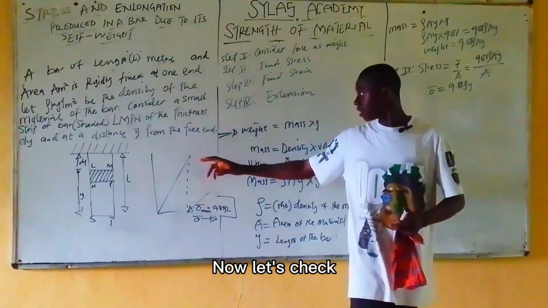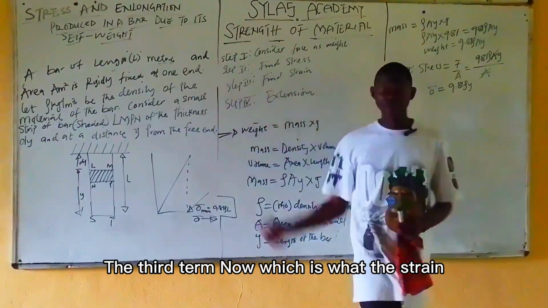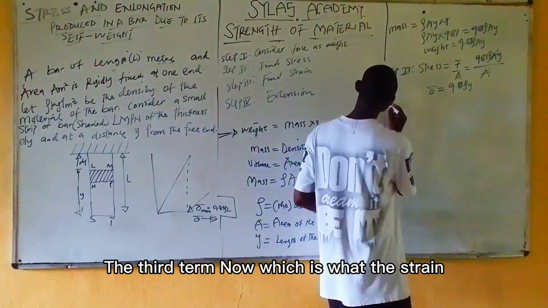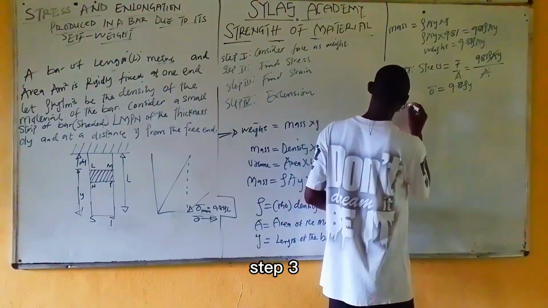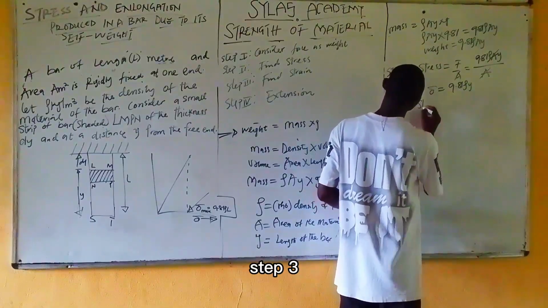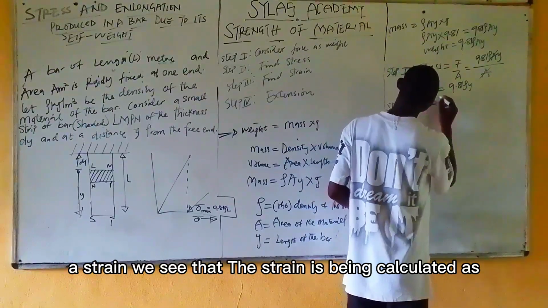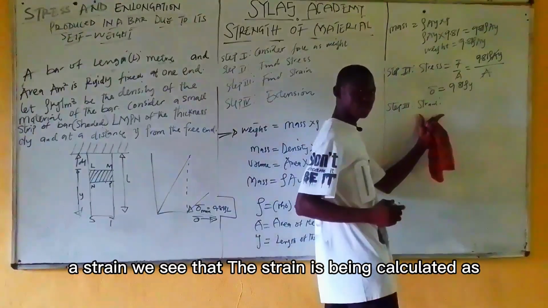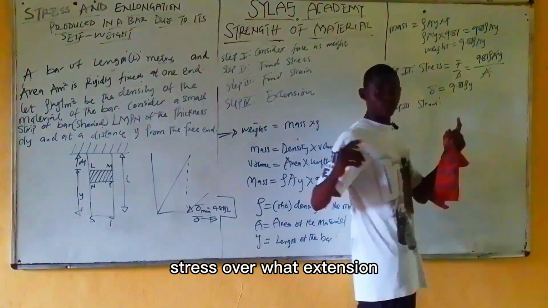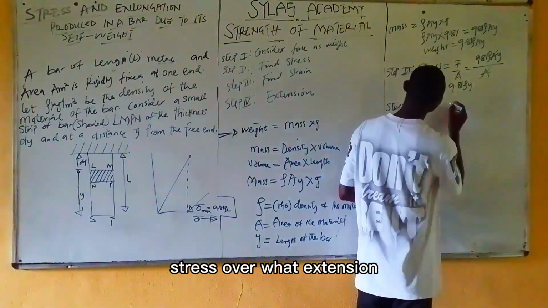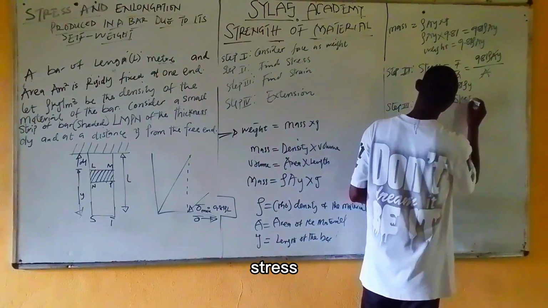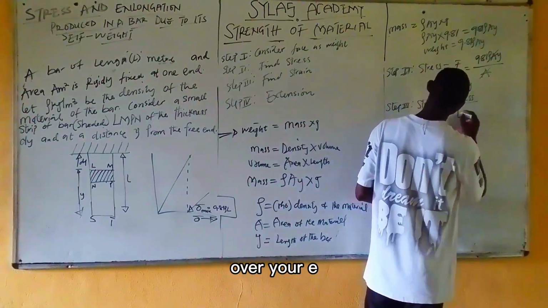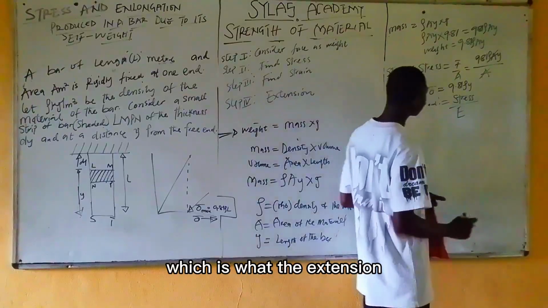Now let's check the third thing, which is the strain. Step 3: I should find our strain. Strain is calculated as stress over E, the extension.